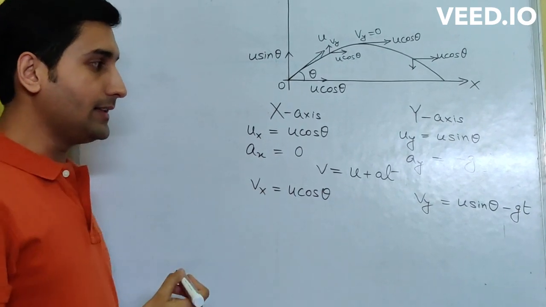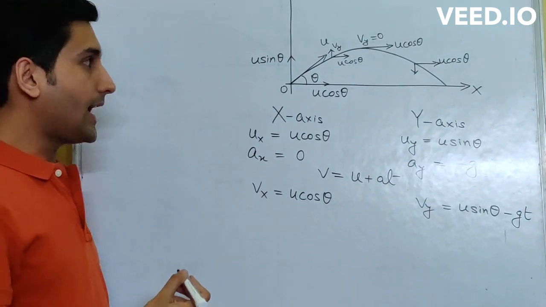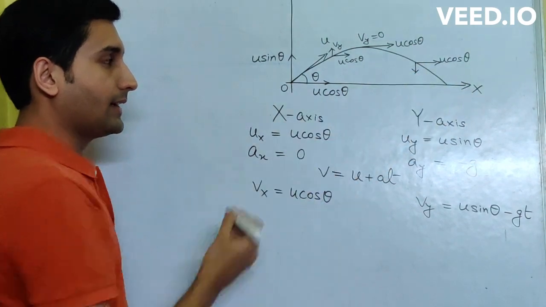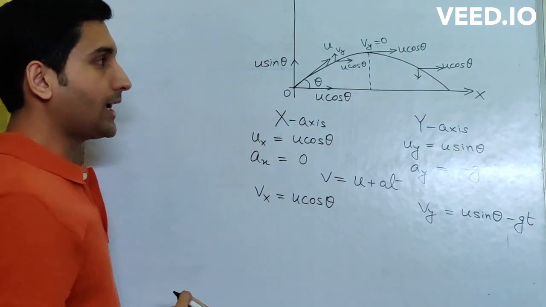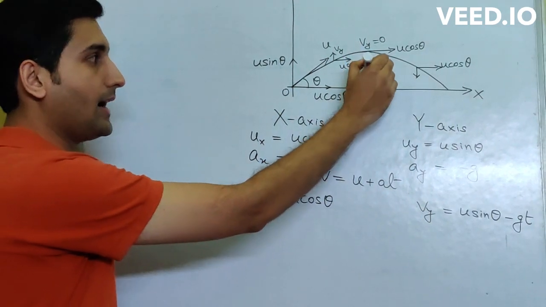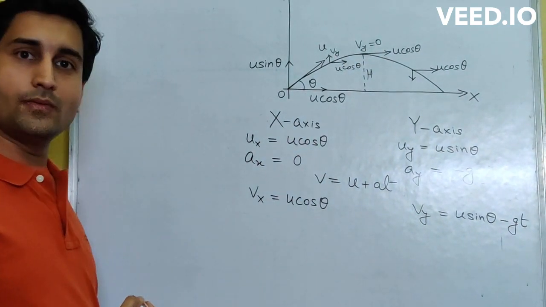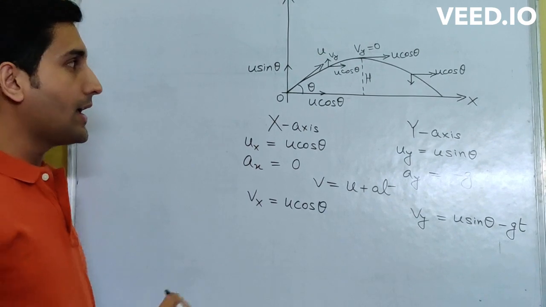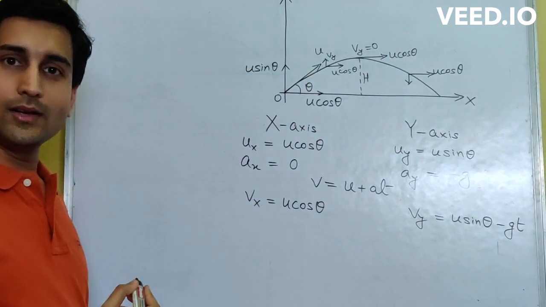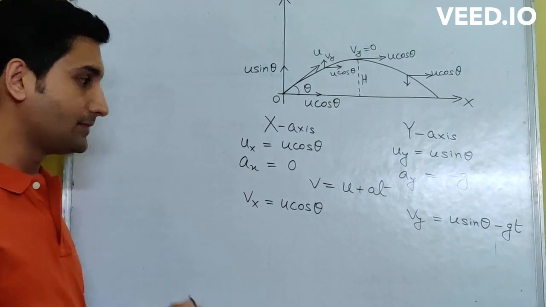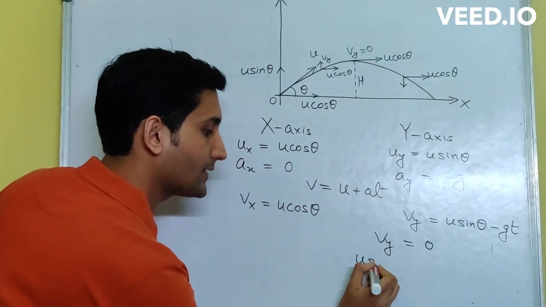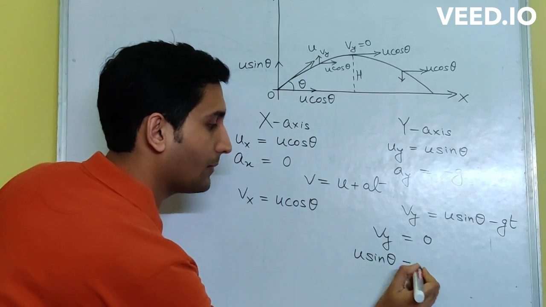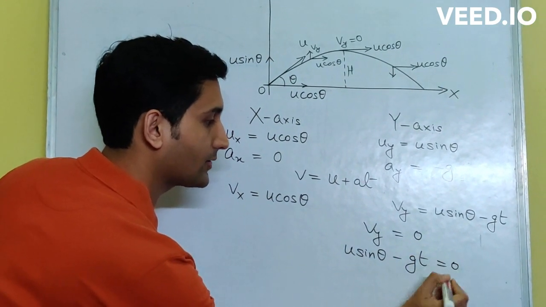Now, let us find the time of flight. Time of flight is the total time of the journey. So, by symmetry we can say that the time taken by the particle to reach the maximum height is half of the time of flight. This is the point where vertical velocity becomes 0. So, Vy equals 0 means u sin theta minus gt equals 0.